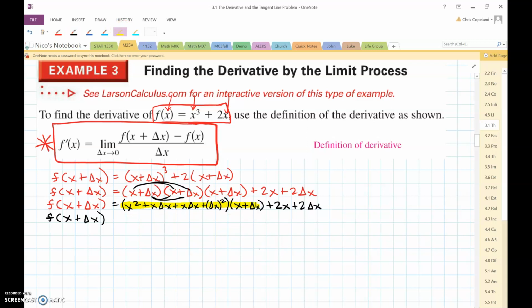This gets pretty nasty. So how I suggest that you multiply that, I would do a chart like this. So I'm going to write out x squared plus, I'm going to add these together, this would be 2x delta x plus delta x squared. And then I'm going to multiply that by x plus delta x. So it's going to make this chart here.